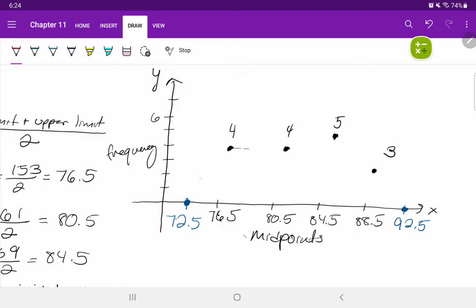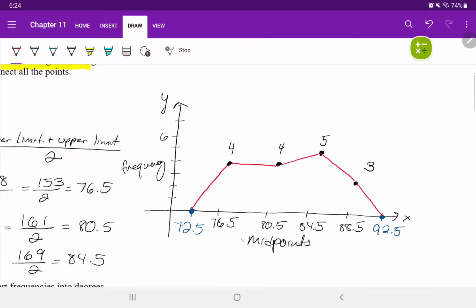Connect your dots. And that is how you construct a frequency polygon.